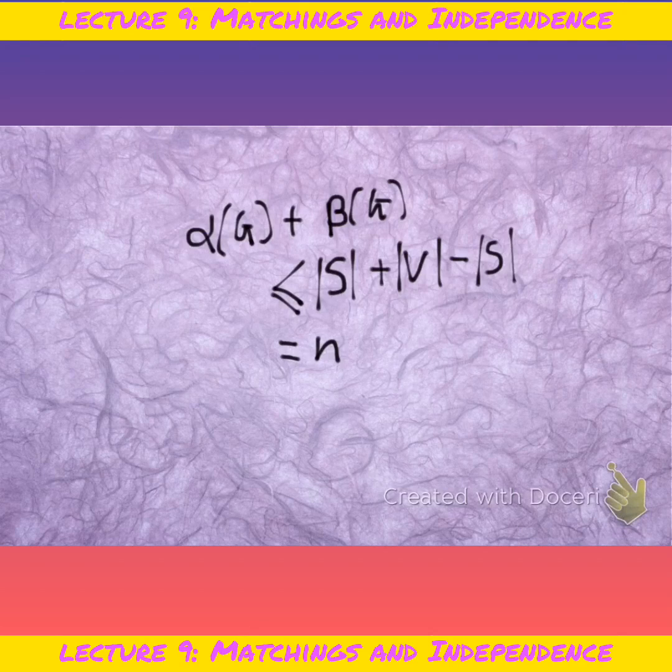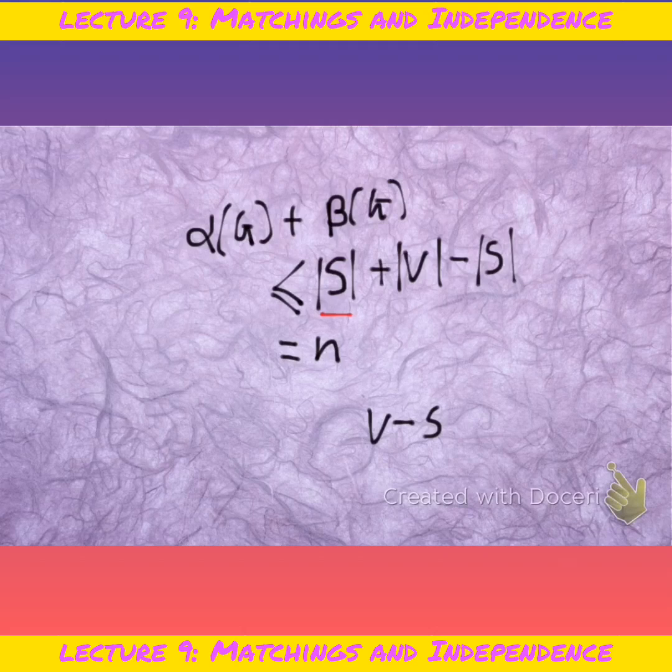So if you take a maximum independent set, that set S is going to have cardinality alpha of G. And remember now, we said that the set V minus S must be a vertex cover, and beta is the cardinality of the smallest vertex cover.